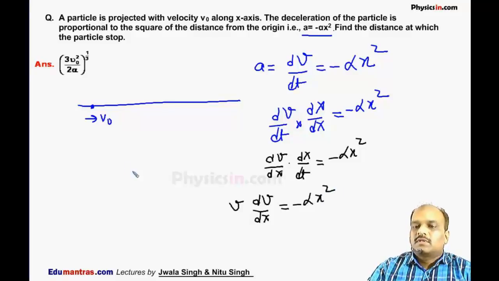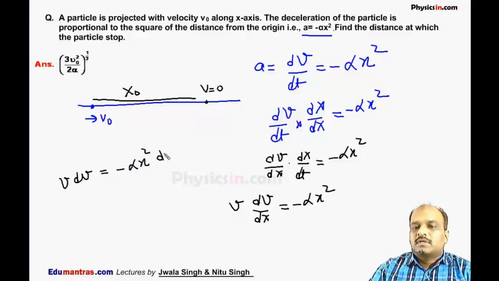Now dx by dt can be written as v at an instant, so v dv by dx is equal to minus alpha x squared. When the particle comes to rest, let the velocity be 0 here, and let this distance be x naught. So v dv is equal to minus alpha x squared dx. Now I will integrate it. When x is 0, the speed is v naught. When x is x naught, the maximum distance traveled by the particle before stopping, the final velocity becomes 0.